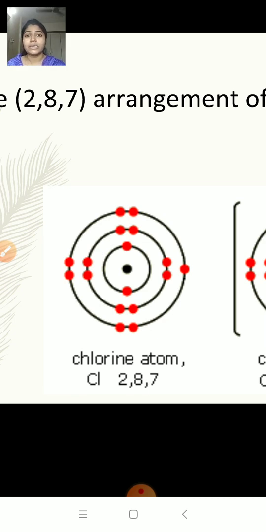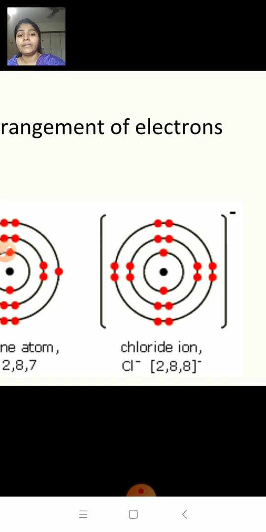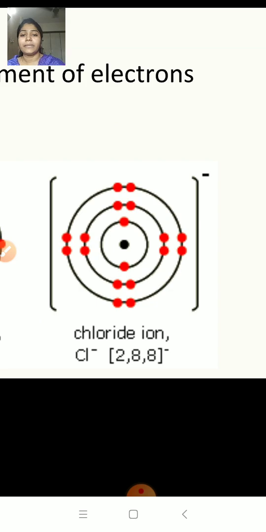Now we know we cannot lose 7 electrons easily, so the best option is to take 1 electron. So chlorine atom will gain 1 electron. The outermost shell will contain 8 electrons and it becomes chloride ion.